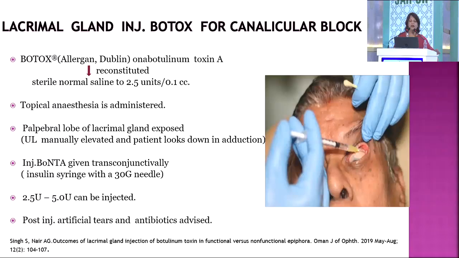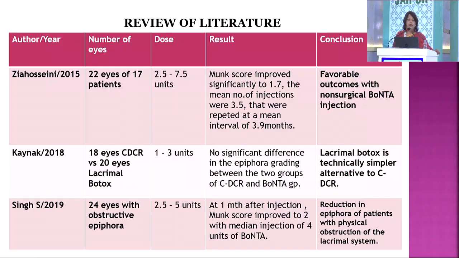The patient is asked to look down and in adduction, and the palpebral lobe of the lacrimal gland is exposed. With a 30 gauge needle, you can simply go transconjunctivally and inject around 2.5 to 5 units of the Botox injection. Various review of literature studies have also shown success rate in it, and favorable outcomes have been found in cases of Botox injection.